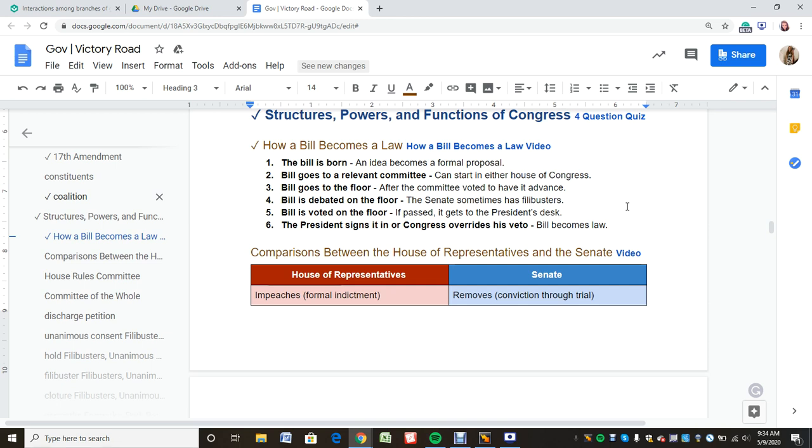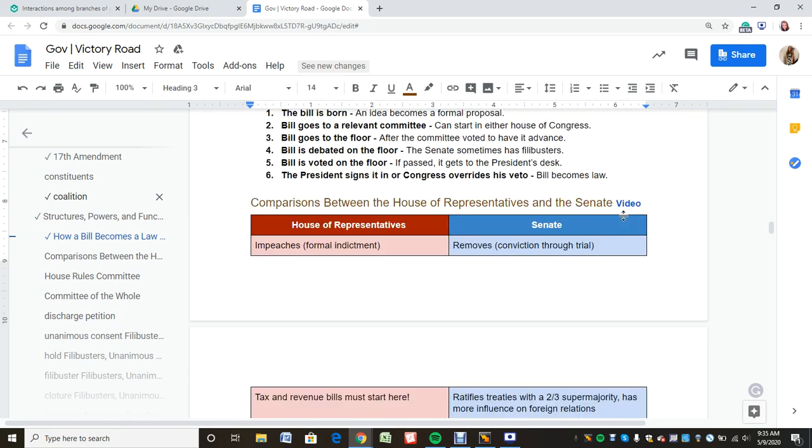The president can sign it, or if he doesn't sign it, he can veto it, but Congress can override him with a 2/3 vote in both chambers. If either of those things occurs, the bill will become a law. If not, and the veto goes through, which often happens, or he does a pocket veto between sessions of Congress, then the bill's not going to become a law.